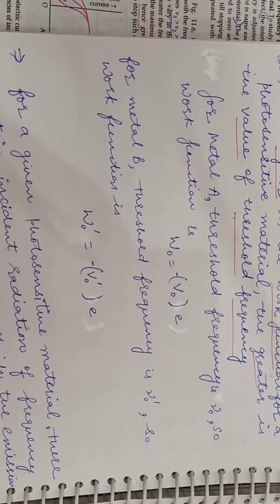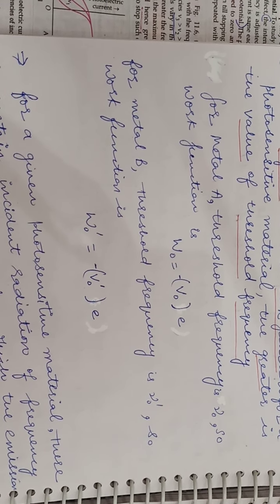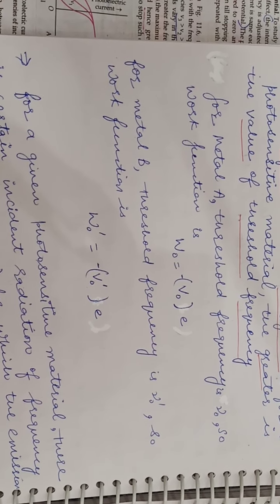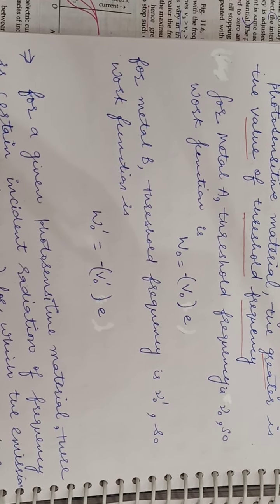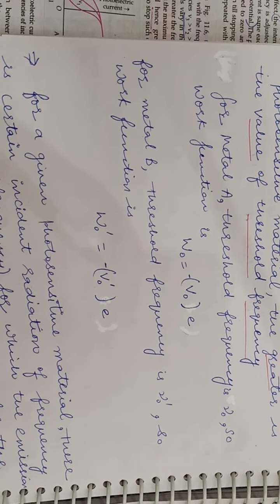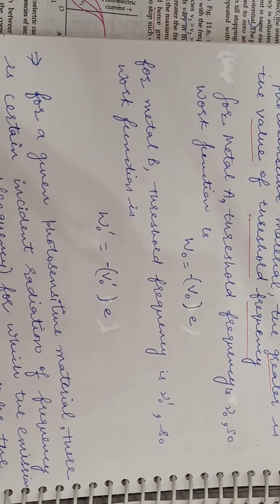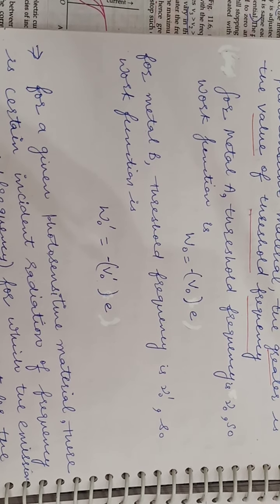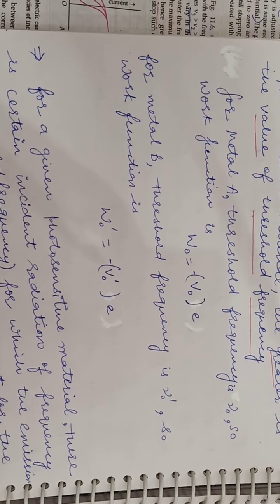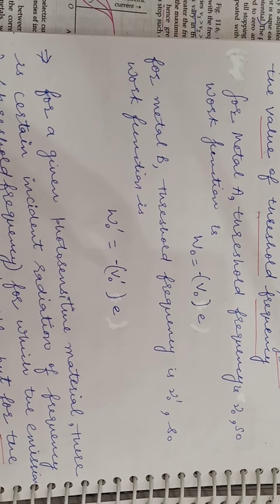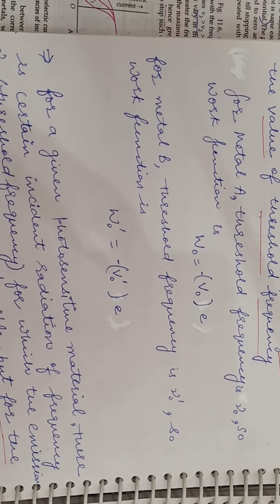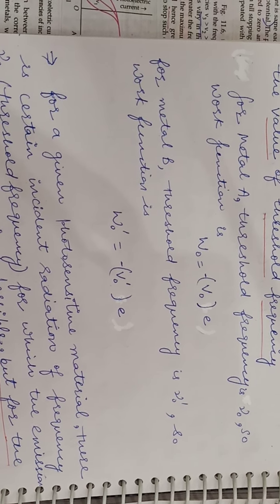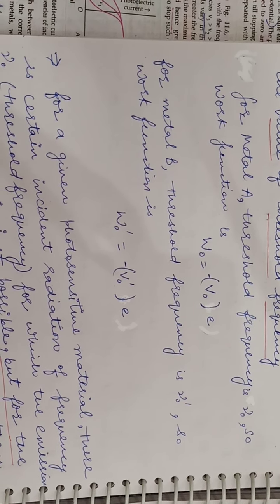So W naught is equal to minus V naught into e. For metal B, the threshold frequency is mu naught prime. So work function W naught prime is equal to minus V naught prime into e. Here V naught prime represents the stopping potential or retarding potential for metal B.